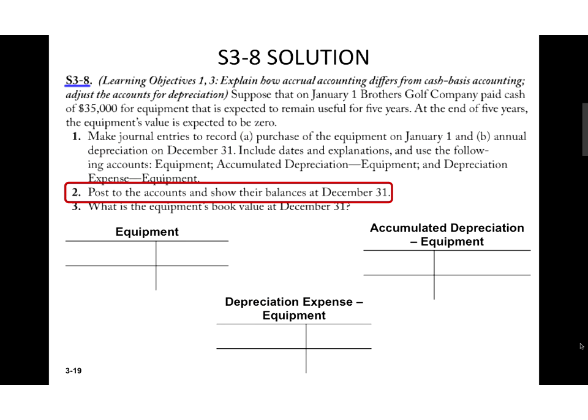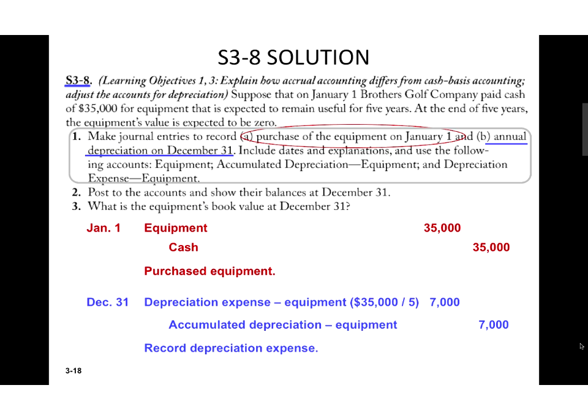Now we go on to post to the accounts and show their balances. So when we're posting to the accounts, the equipment debit is going to go in the T account on the left. The depreciation expense is going to go in the T account on the left, $7,000, and accumulated depreciation will get a credit of $7,000.